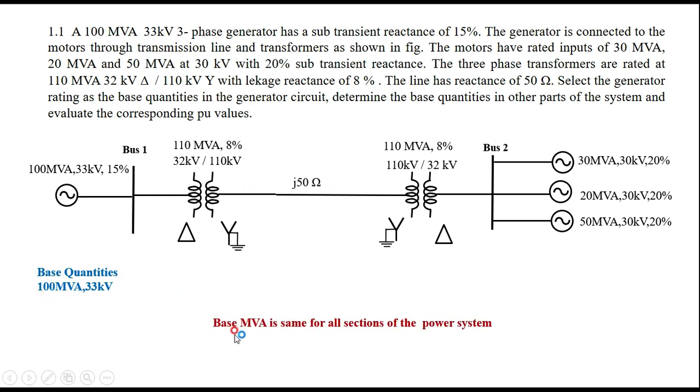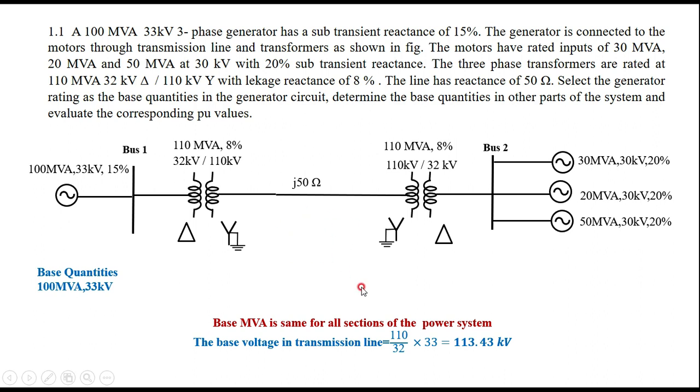Now I have given the statement here: the base MVA is the same for all sections of the power system. This 100 MVA remains the same for all sections. And the voltage you can calculate at this point. I demonstrated it already, but once again I am doing the calculation here. The base voltage in the transmission line is 110 divided by 32 multiplied by 33, which gives 113.43 as the base voltage in this circuit.